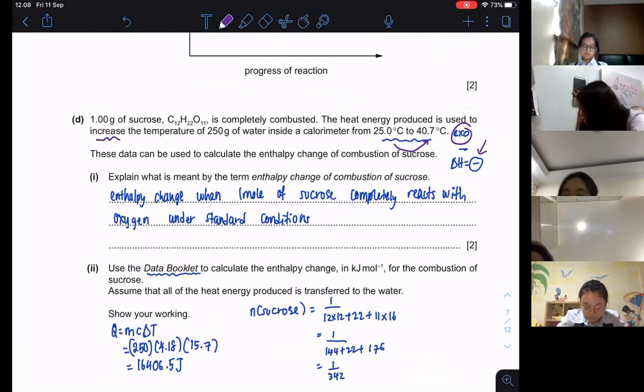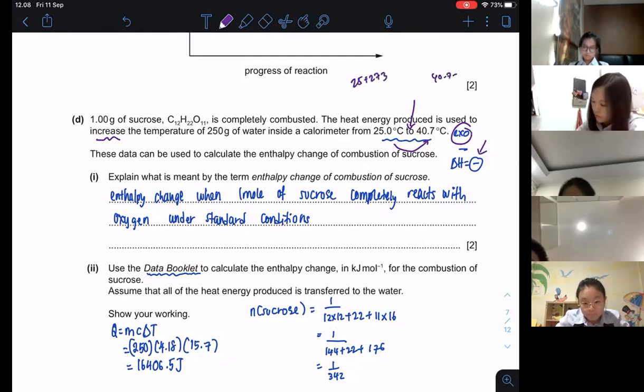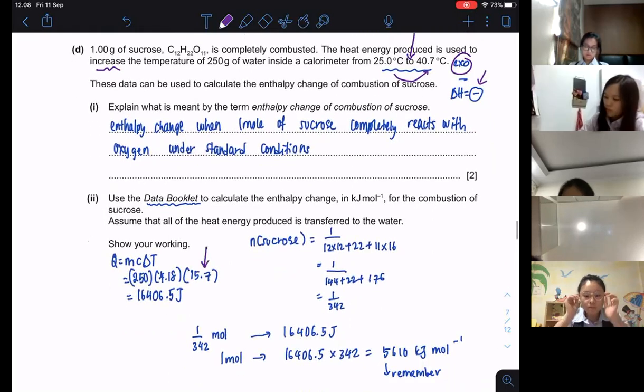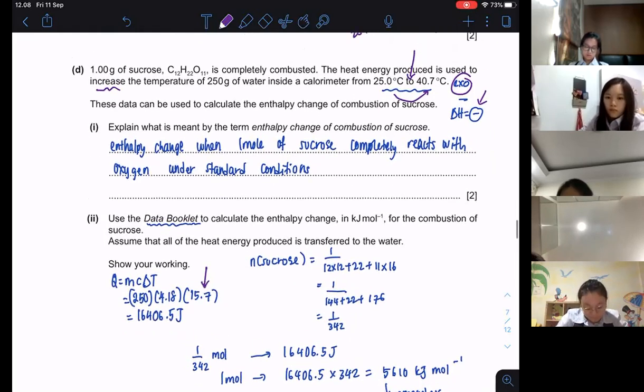When I calculate, this one no need to change to Kelvin, because this is a difference in temperature. It's supposed to be 25 plus 273, and then 40.7 plus 273. When you deduct and find the difference, this will cancel off. So here I have found that delta T is going to be 15.7, which is 40.7 minus 25.